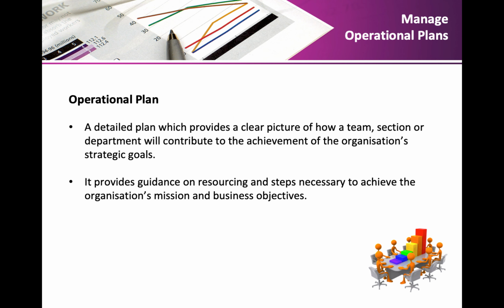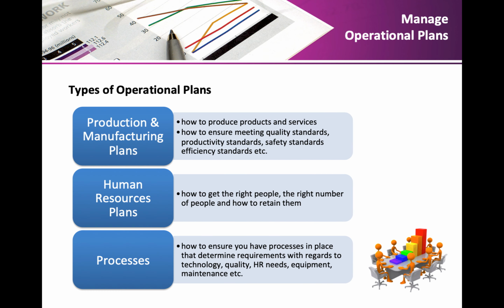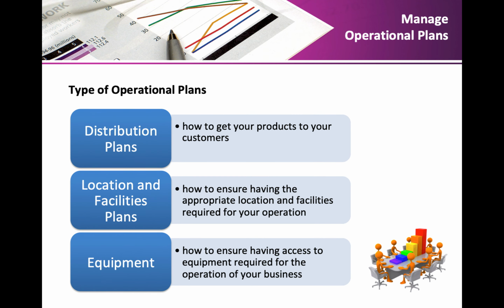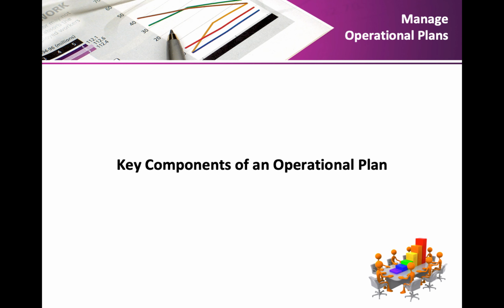It depends how big your operation is. There could be many types of operational plans, such as production and manufacturing plan, human resources plan, distribution plans, IT plans, location and facilities plans, and so on and so forth.